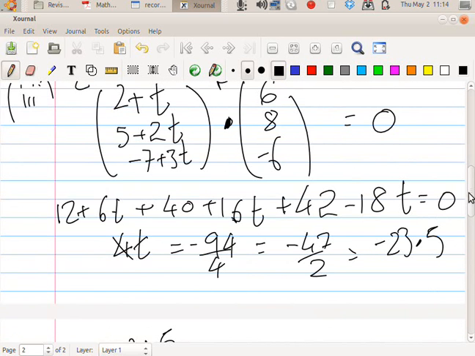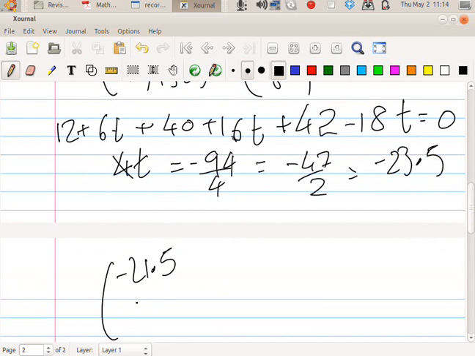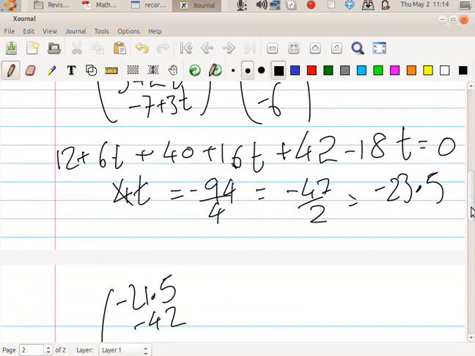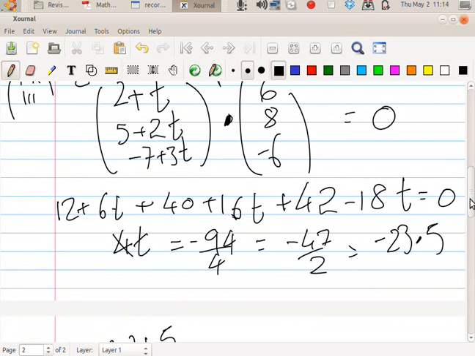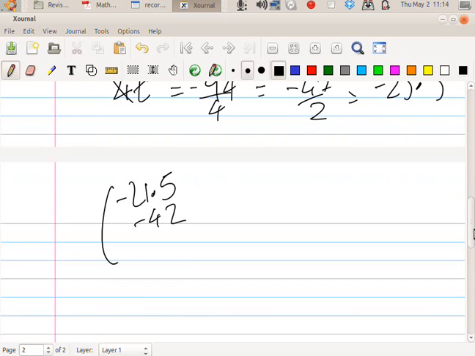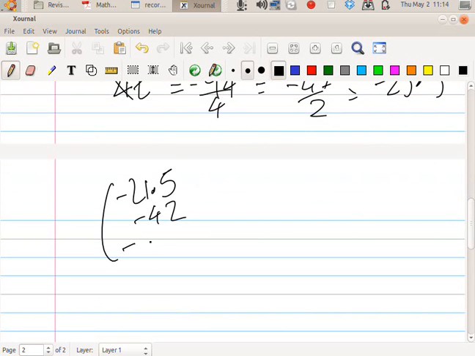And then the next one is minus 42. And then the last one, minus 155 over 2, minus 77.5. Okay, so that's my C.